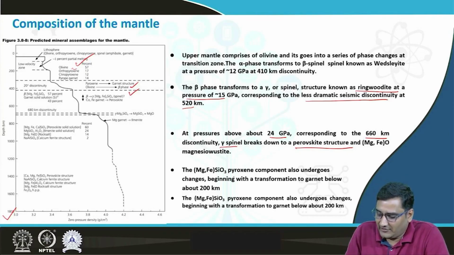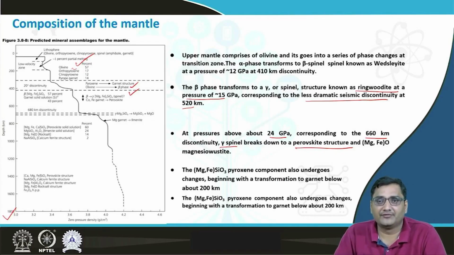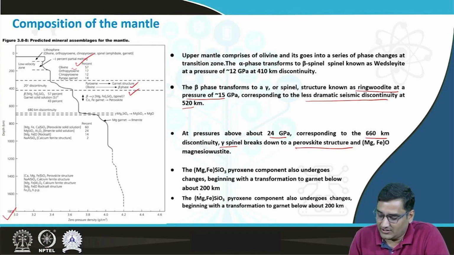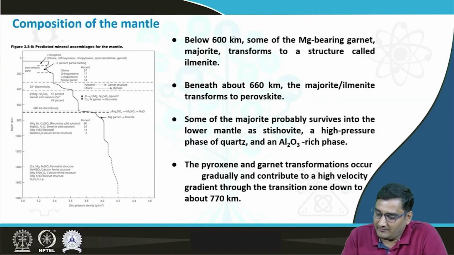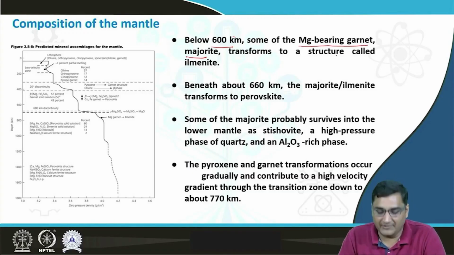On the other hand, the pyroxene component also undergoes various changes. Beginning with the transformation to garnet below around 200 kilometer, the pyroxene goes to garnet, and below 600 kilometer, the magnesium bearing garnet, that is majorite, transforms to a structure called ilmenite.